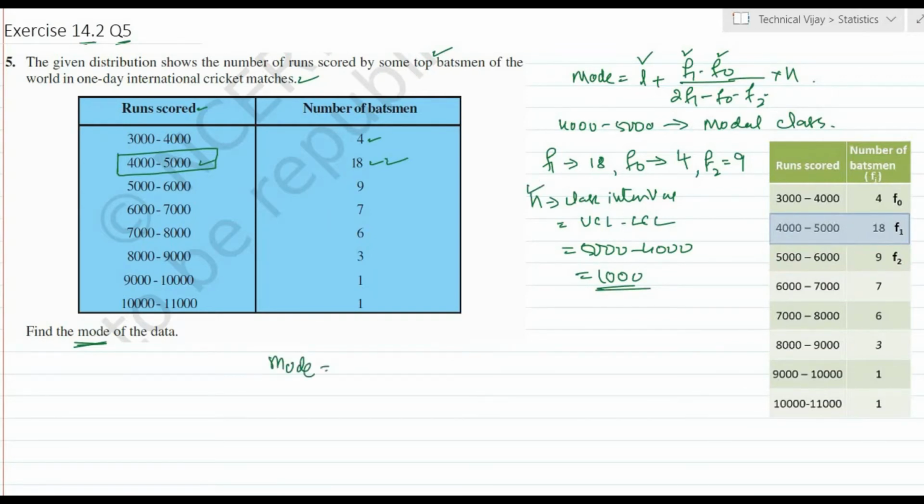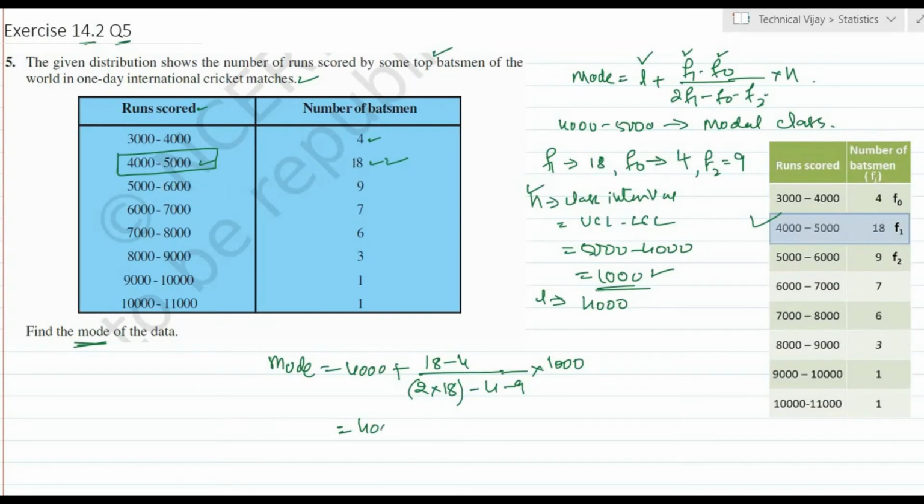Now we will substitute in the mode formula. L is the lower class limit of the modal class, that is L equal to 4000. So mode is 4000 plus F1, 18, minus F0, 4, divided by 2 into F1, that is 18, minus F0 minus F2, into H, H is equal to 1000.